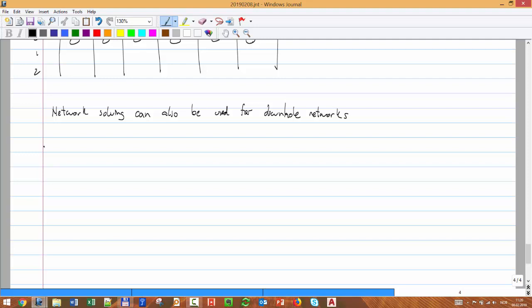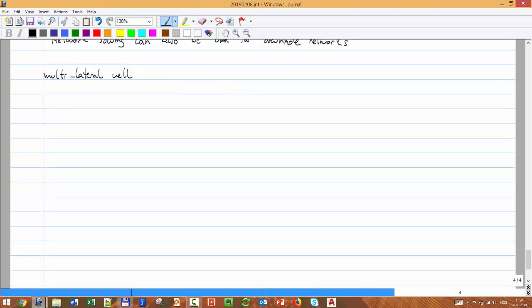If we think about a multilateral well, we have one main wellbore where I do the drilling, but then it splits into different branches, different laterals. Each one of them is a lateral.